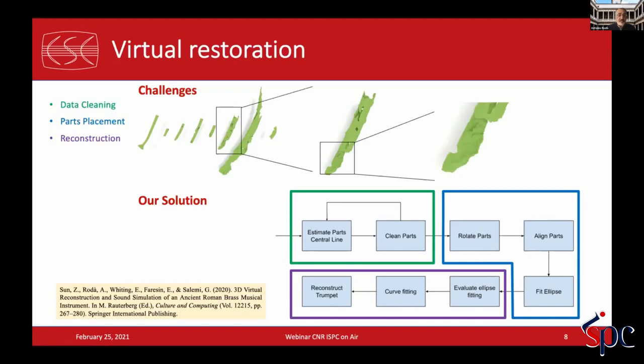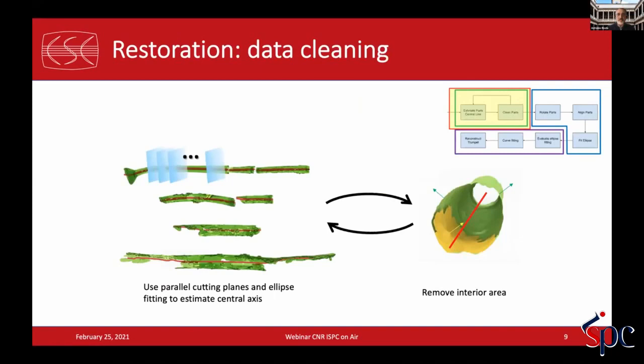And for the restoration, we propose a novel methodology divided into 3 main steps that are data cleaning, part replacement, and reconstruction. All the details can be found in these publications, but now I will give you some brief explanation of these steps.